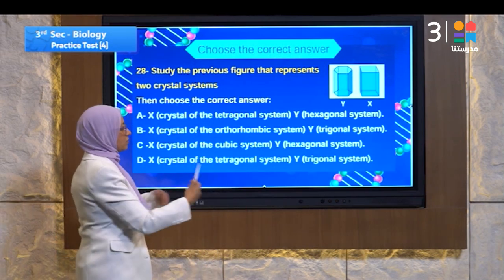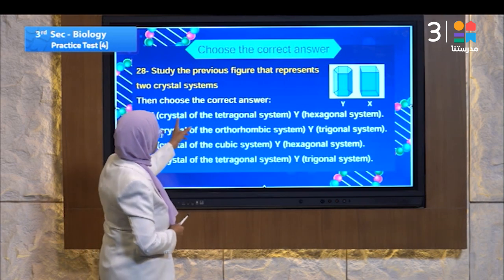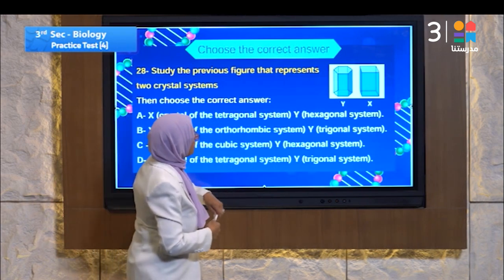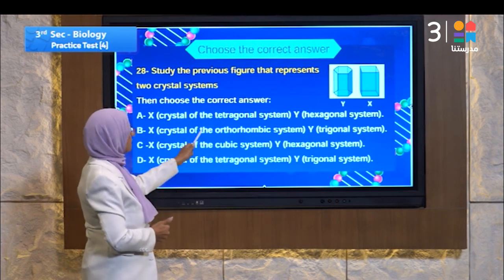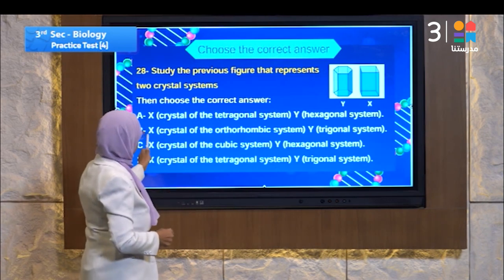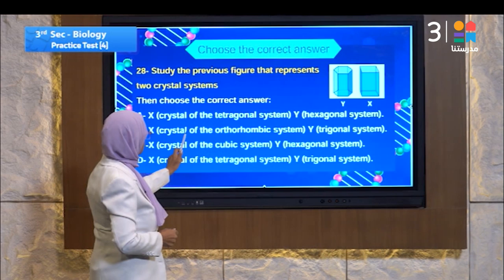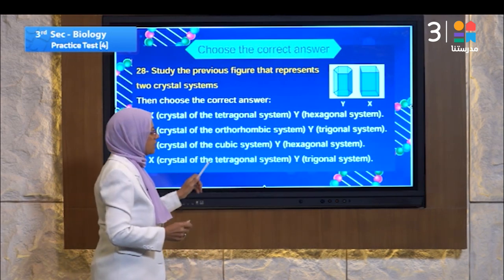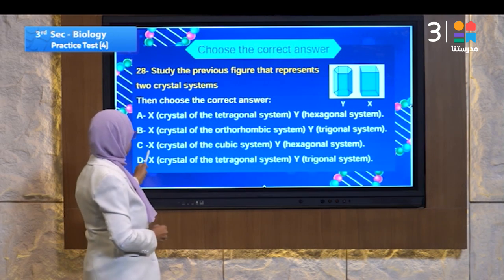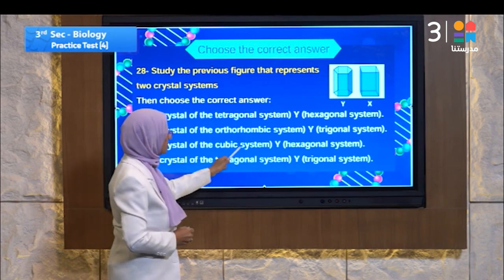Read it first and go to the answer. X, crystal of the tetragonal system; Y is hexagonal. Hexagonal is right. Tetra, 4. X, crystals of the orthorhombic system; Y, trigonal, 3. No. X, crystal of the cubic system.